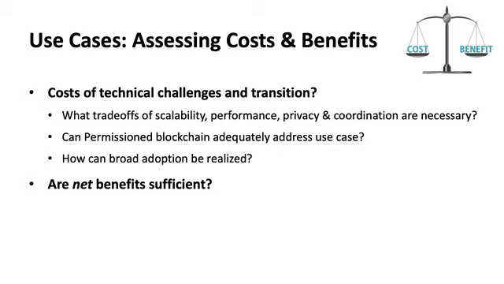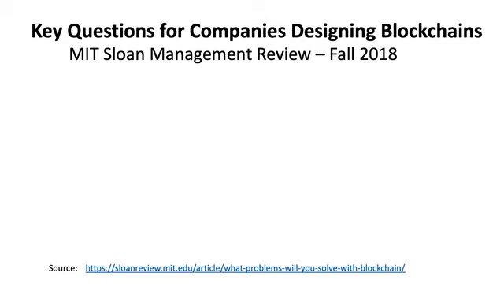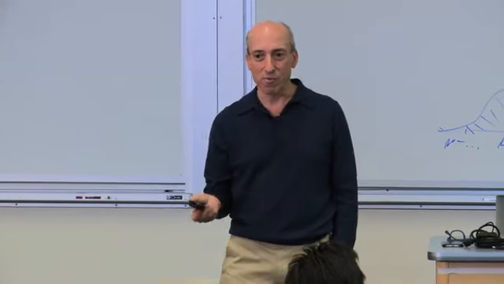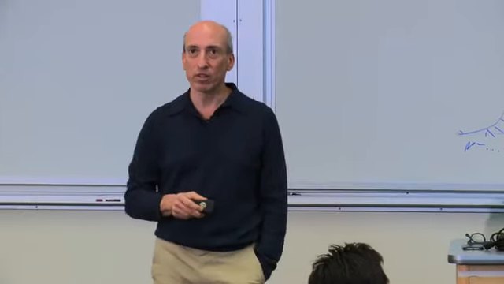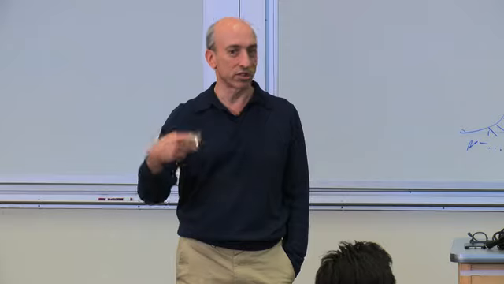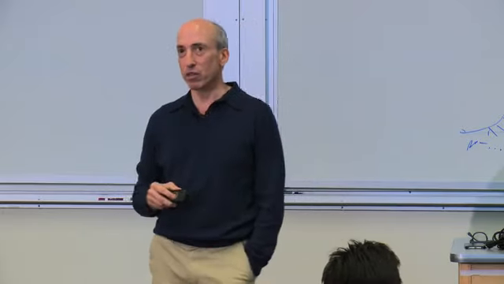So, key questions for companies designing blockchains. This is something from MIT's own Sloan Management Review. It was not a required reading, but I thought it was a nice little way to do it. What are you trying to do? Are you trying to record something, track something, verify something, aggregate something? This is in the fall MIT review.